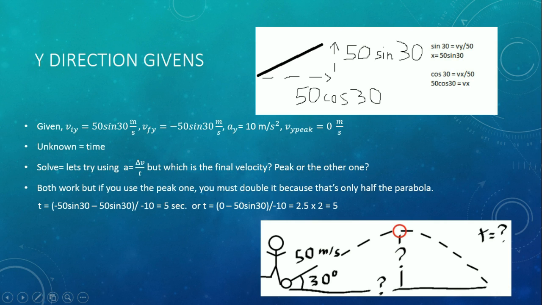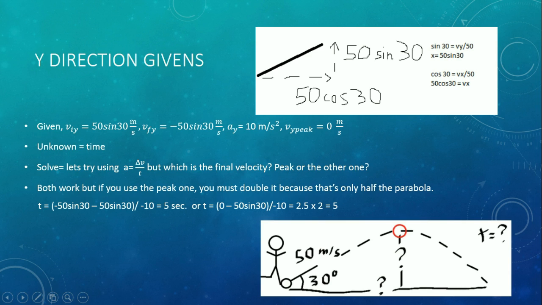So here's the definition of acceleration right here. Final minus initial over acceleration gives you time because we switched acceleration and time to solve for it. So if we use the final velocity, which is negative, minus initial, because delta is always final minus initial, we get 5 seconds.